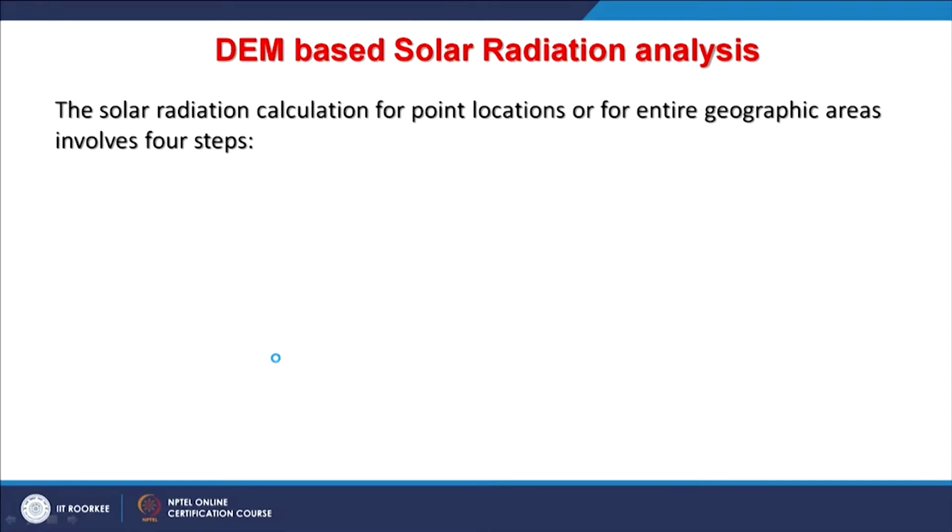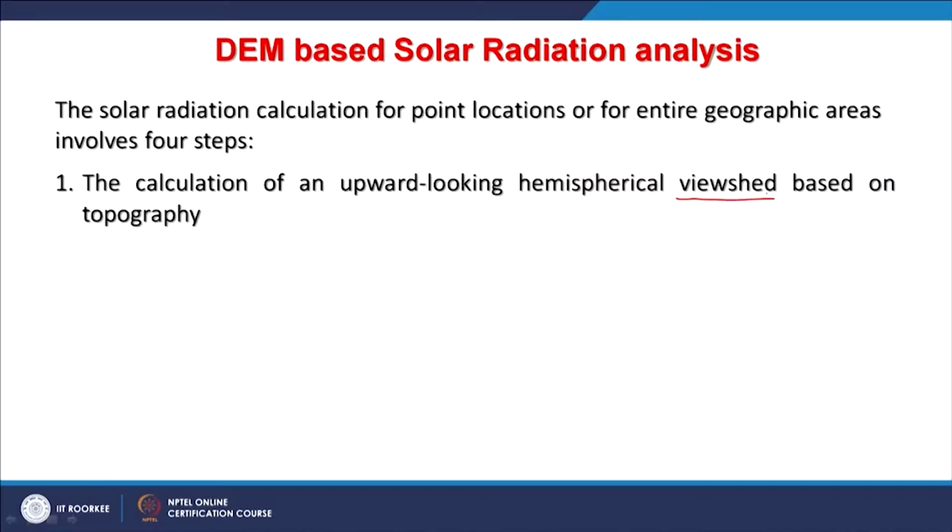Now, this solar radiation calculation for point locations or for an area can be done on a GIS platform, which involves 4 steps. The first step is the calculation of the upward looking hemispherical viewshed. The viewshed part we have already discussed. Think of a viewshed which is looking towards the sky. That is why the words upward looking, and hemispherical because you cannot see the entire hemisphere from a single point or an area.